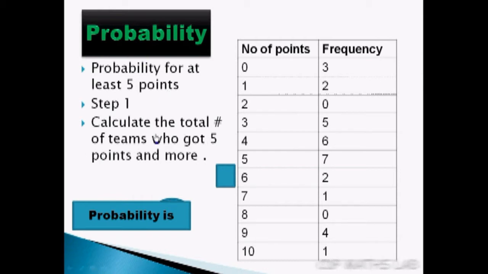Calculate the total number. This symbol means number. Calculate the total number of teams who got 5 points and more. So you must include the 5 points and then the other points that are greater than 5.